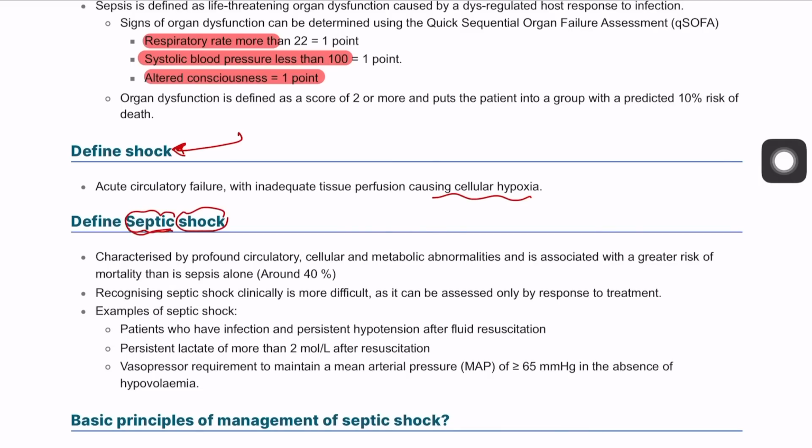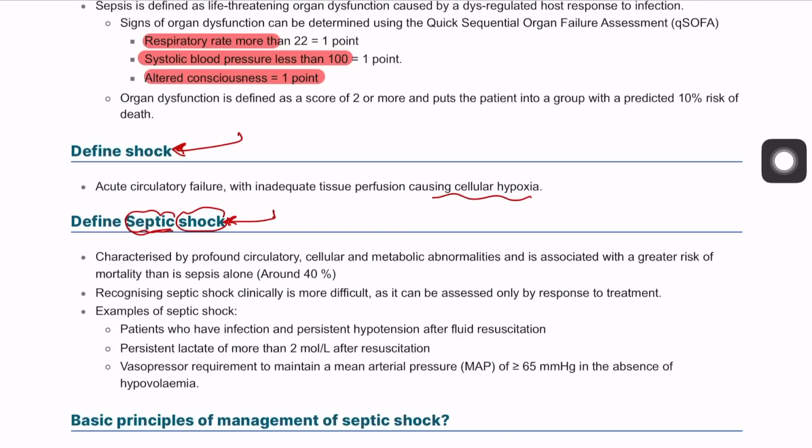All right. So let's define it and break it down. It's an acute circulatory failure characterized by cellular and metabolic abnormalities due to inadequate tissue perfusion. And it's not only that, it happened due to sepsis, which is a life-threatening condition due to dysregulated host response to infection. So basically, we're trying to combine the two definitions into a single one.